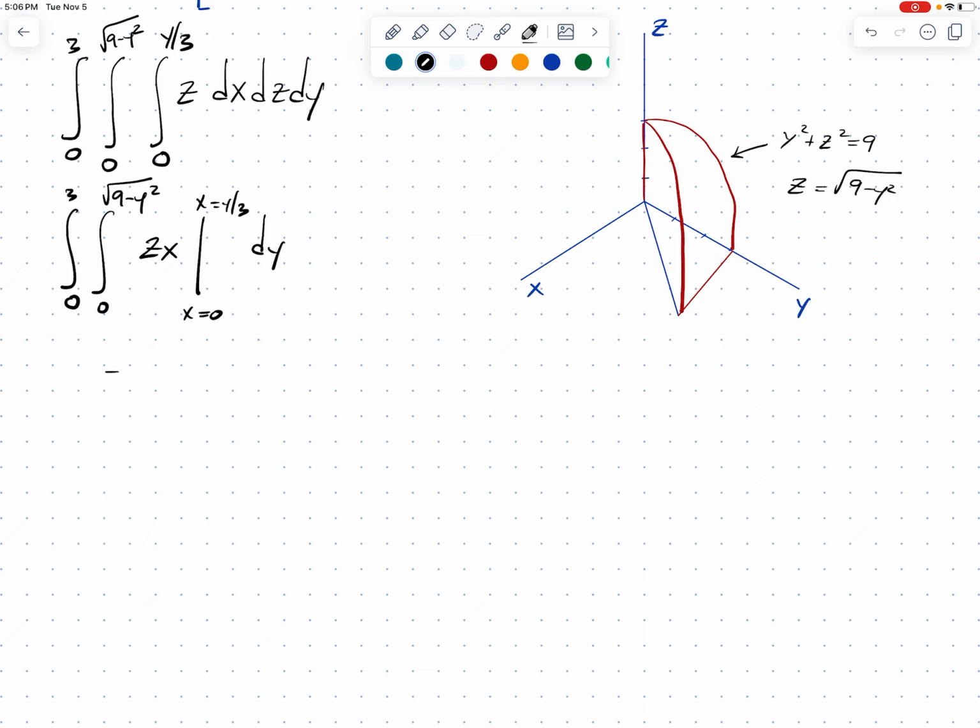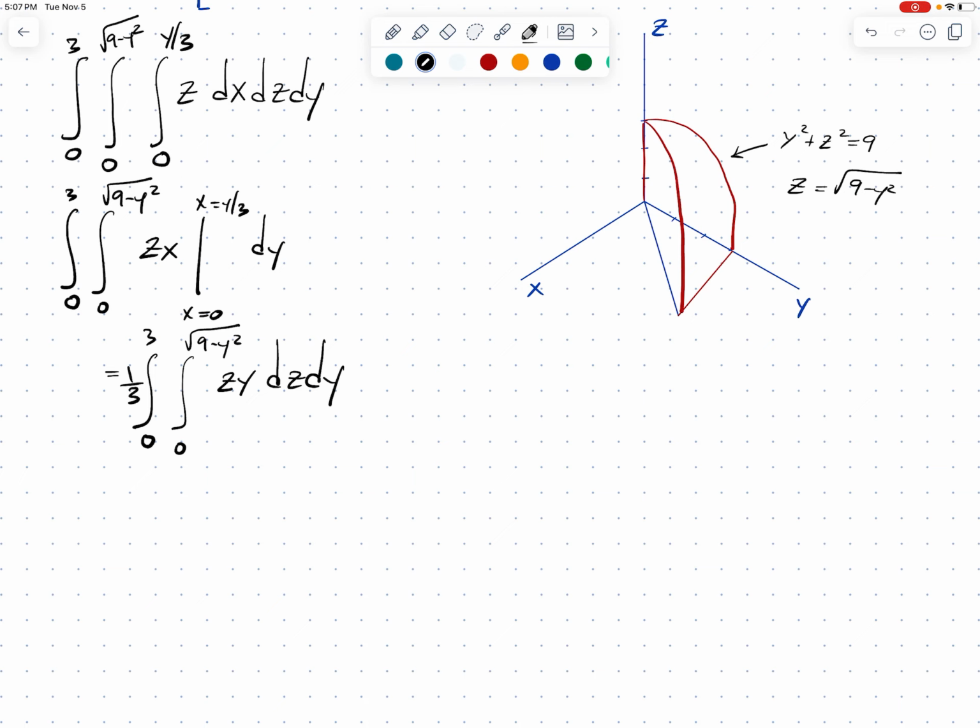And so when I plug everything in, I get 0 to 3, 0 to square root of 9 minus y squared, a z y over 3. I'm going to put the over 3 outside as 1/3. Subtract, plug in 0, you zero it out. So I just get z times y dz dy.